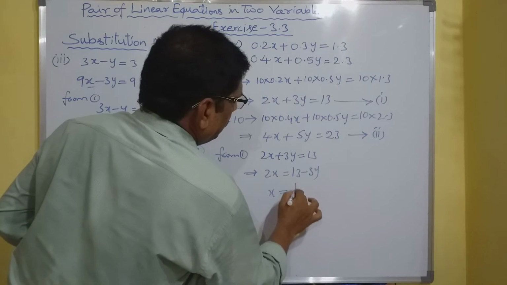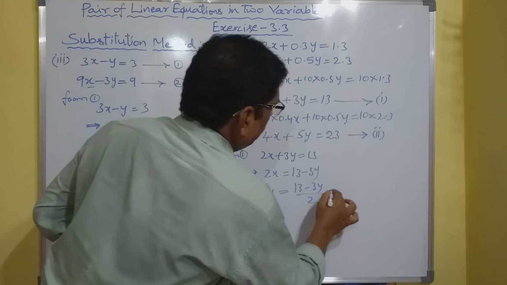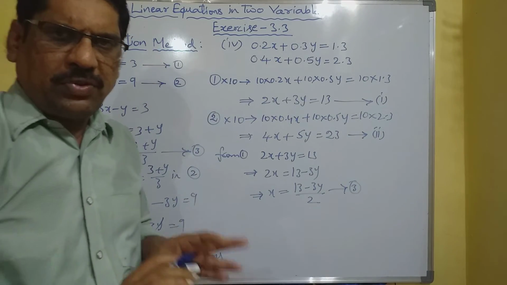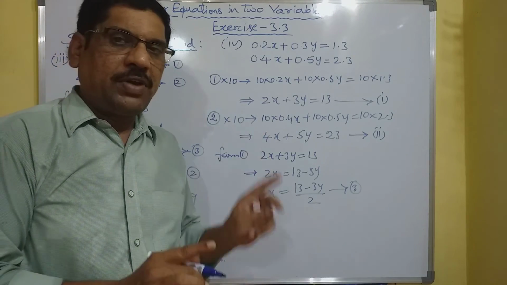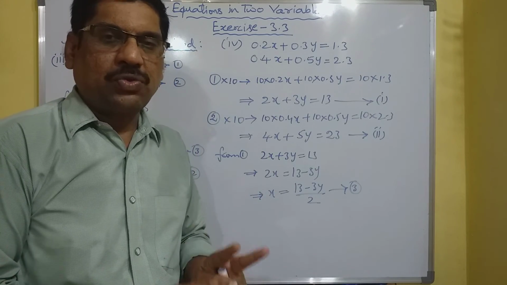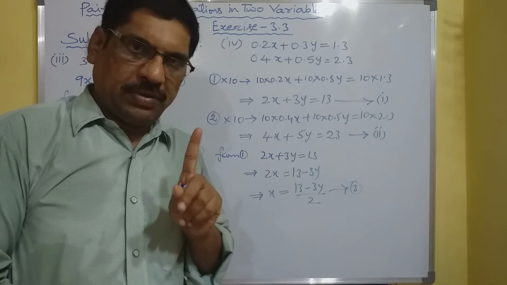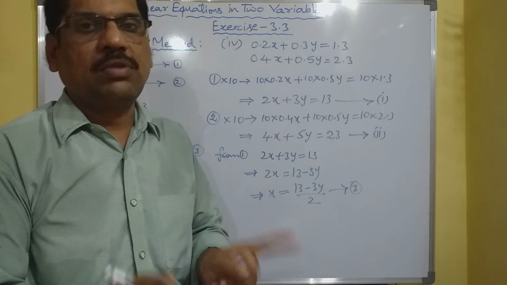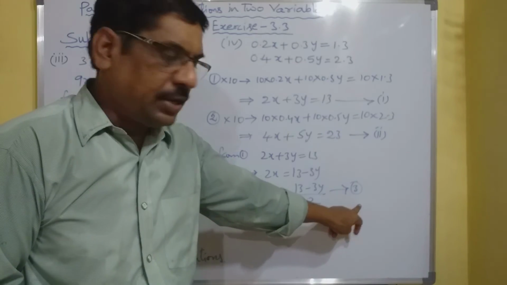Then what is x? 13 minus 3y by 2. Say this is the equation 3. So that is the procedure. Procedure you should remember. Whenever you get two equations, to solve them in the substitution method, first of all you have to take the first equation. From the first equation we have to subject any one of the variables like this. Okay, then we get another equation.